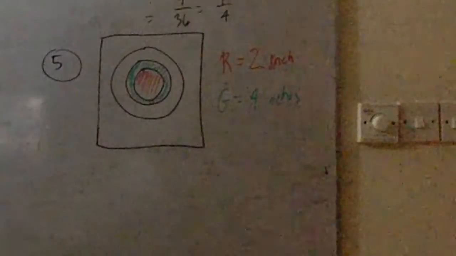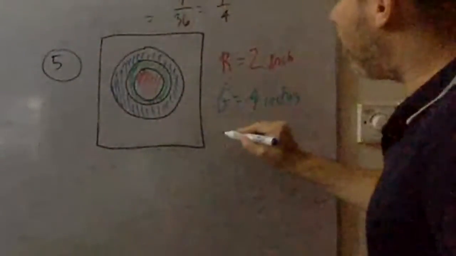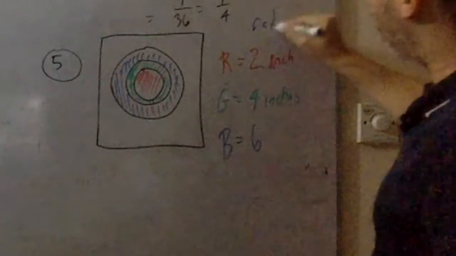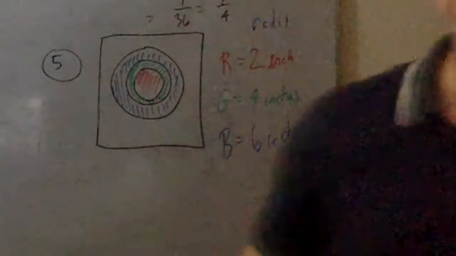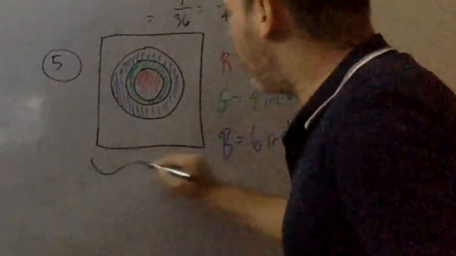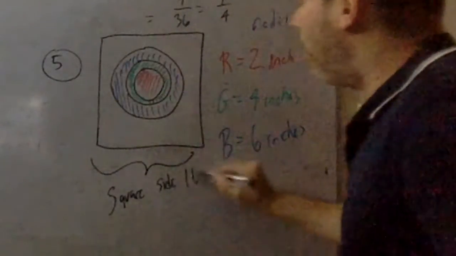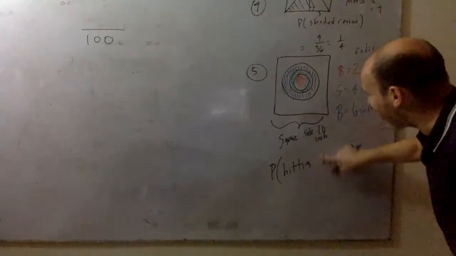Oh, there it is. So there's my blue circle around here. The blue has a radius of 6 inches. And last but not least, the square has a side of 10 inches.